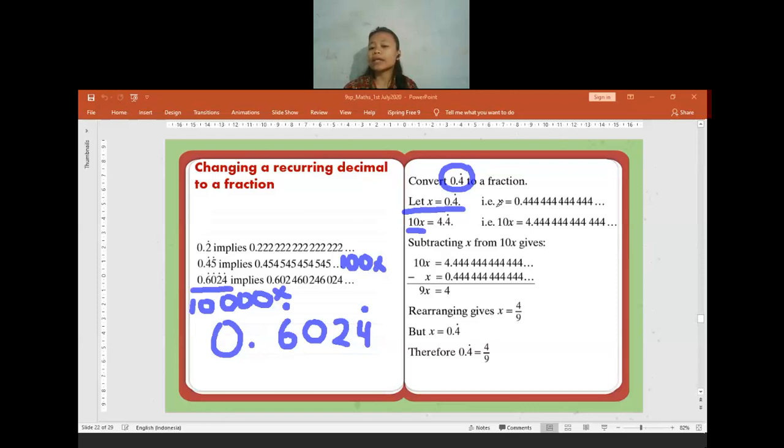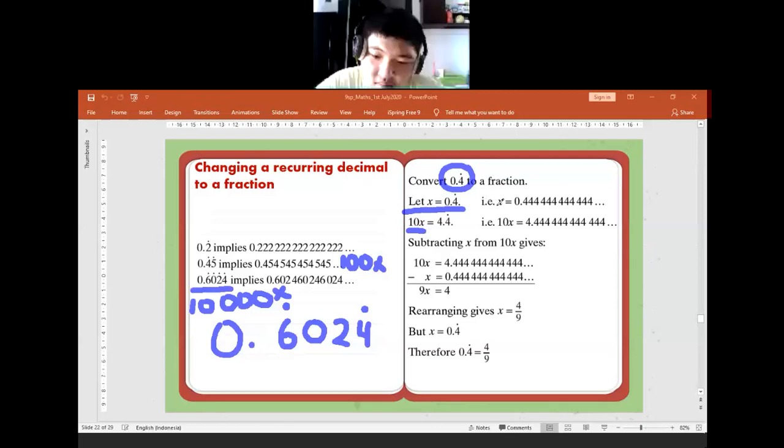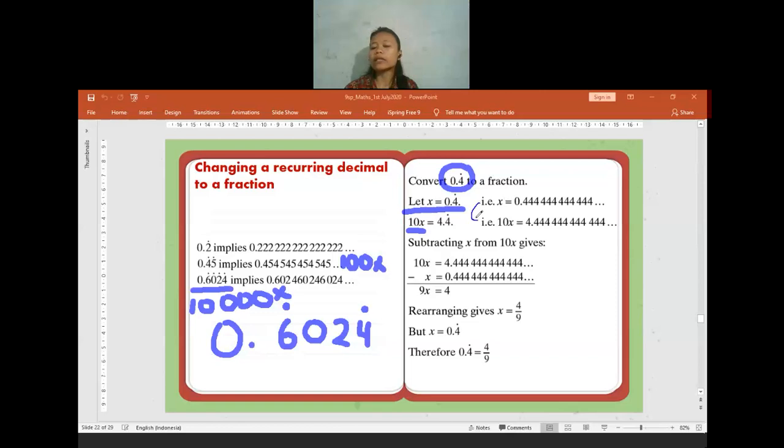So x is 0.4444 and so on. Now I have this 10x. From x into 10x, I need to multiply by 10, right? That's why the 0.4444, I need to multiply by 10 also. That's why the 10x will be equal to 4.4444 and so on.